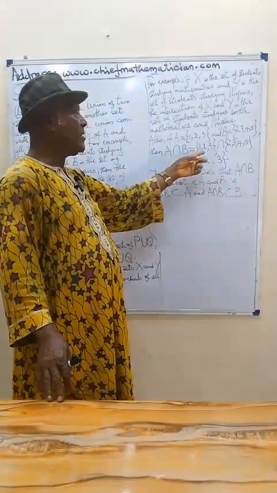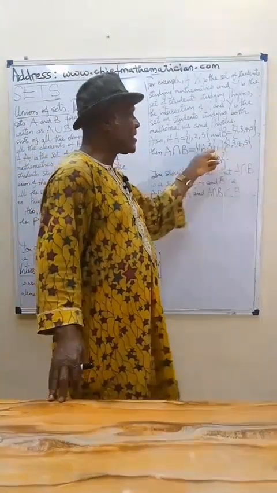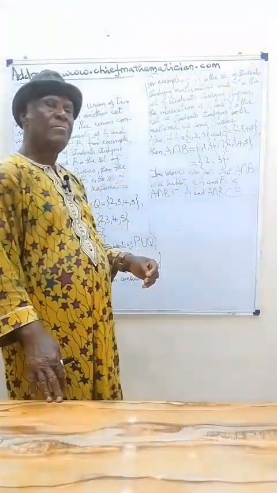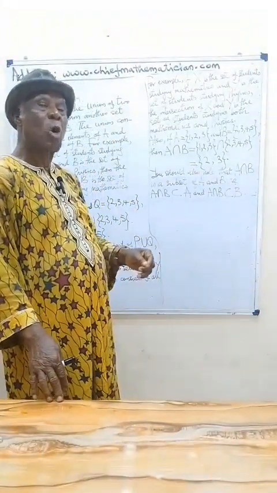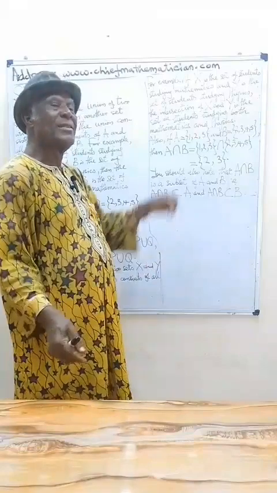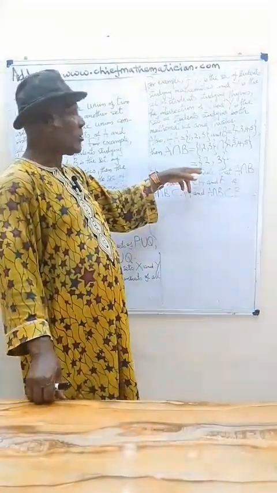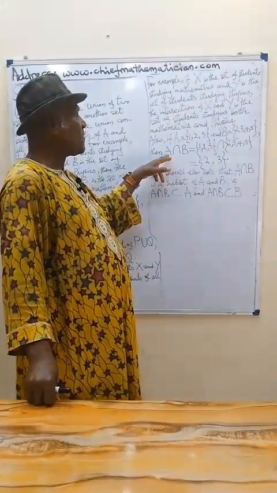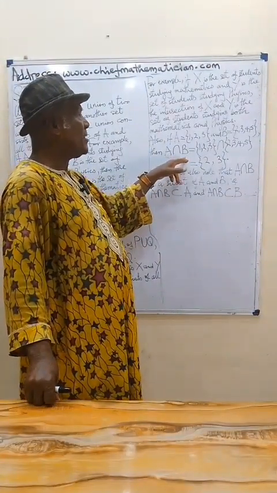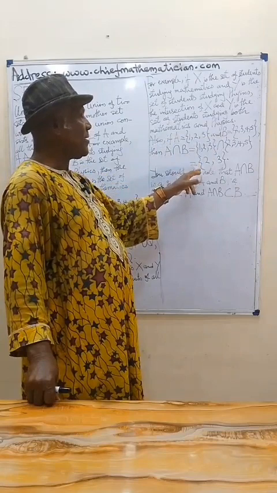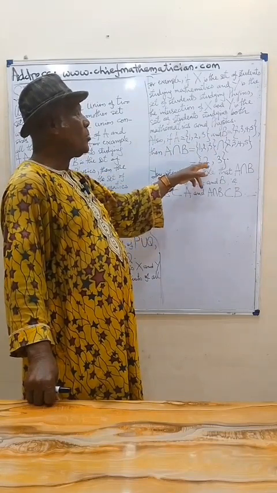Those common elements appear in the intersection. So the intersection of set A and set B as given is the set 2, 3.